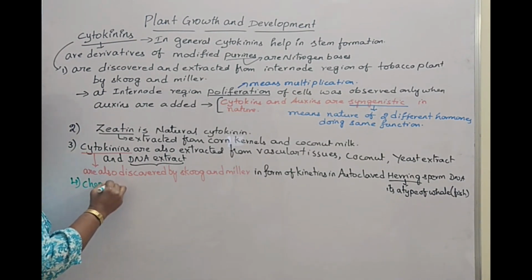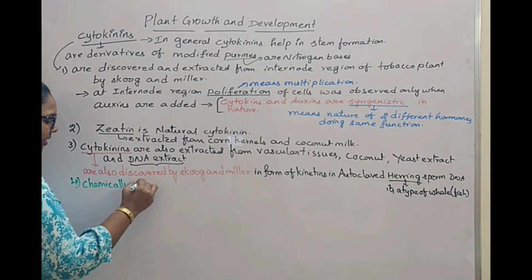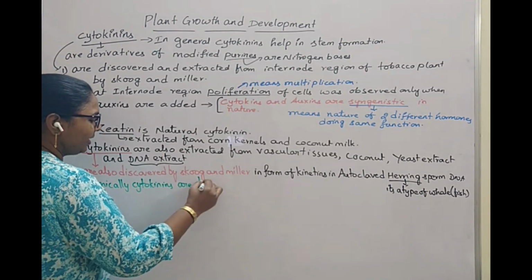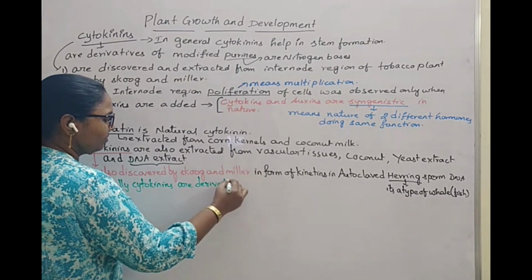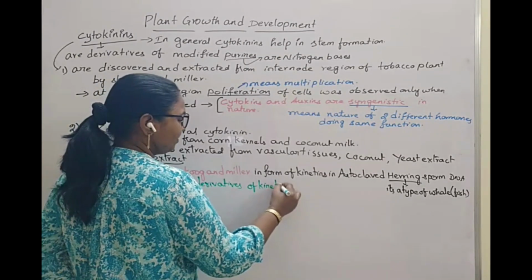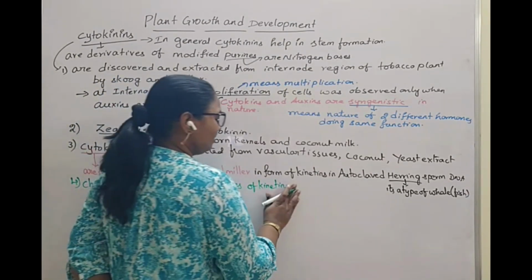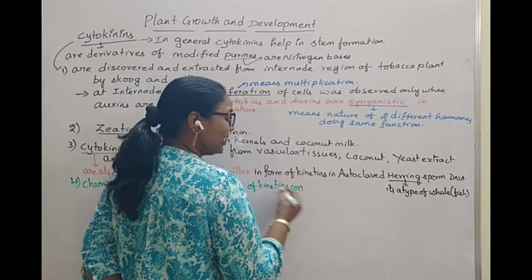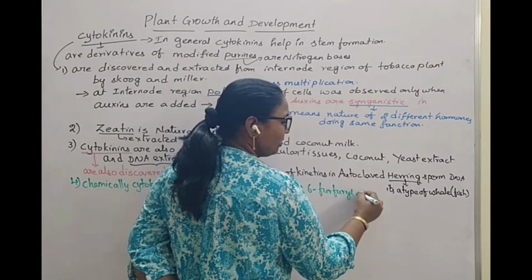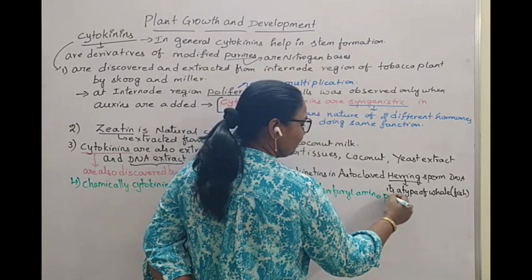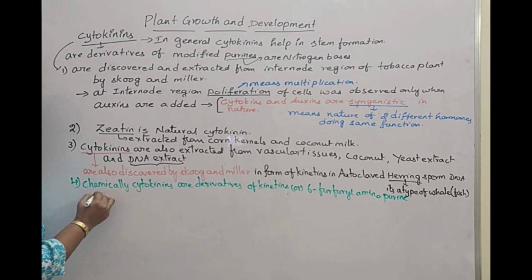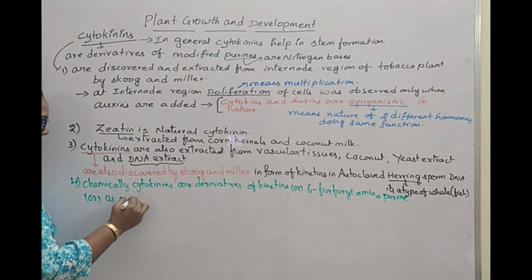Chemically, cytokinins are derivatives of kinetins, or we can say the chemical name is 6-furfuryl aminopurine, or purine derivatives.